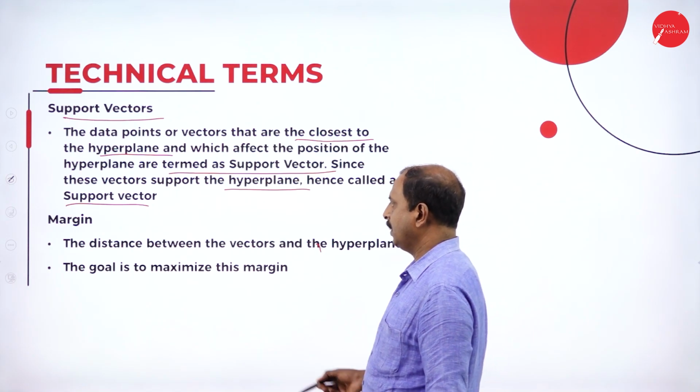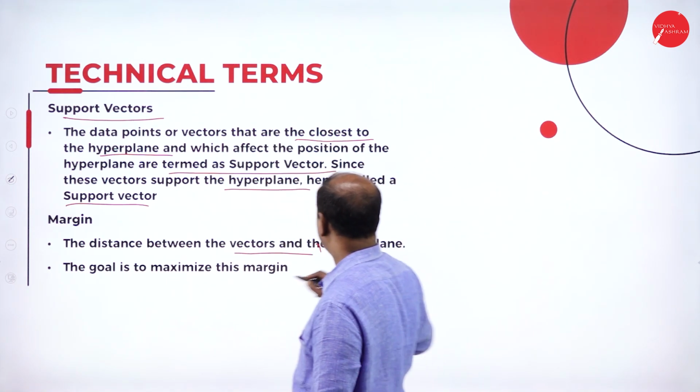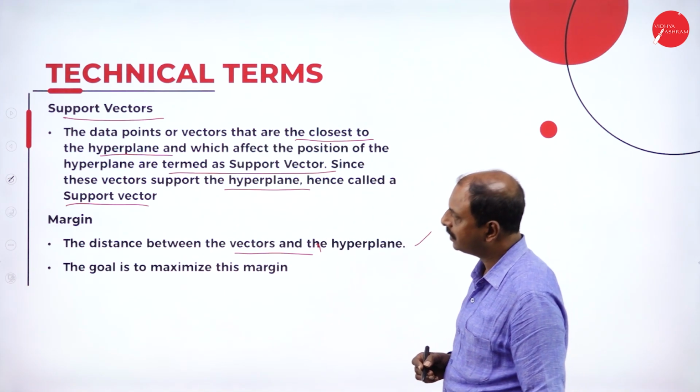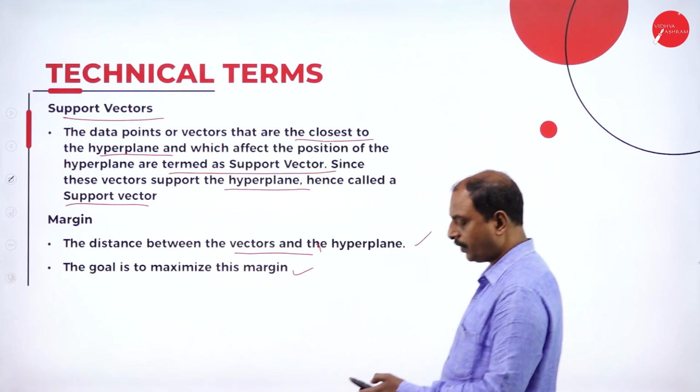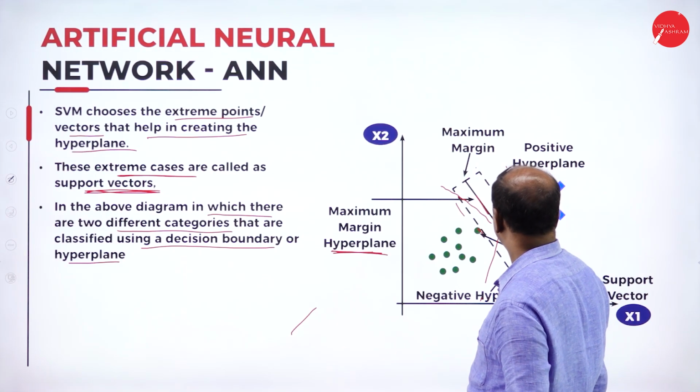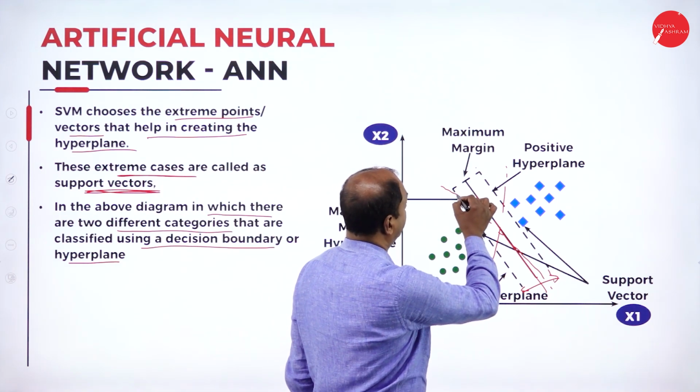Then what is the margin? The distance between the vectors and the hyperplane is called the margin. The goal is to maximize this margin. If you look at the diagram here, the same diagram, observe this dotted line.